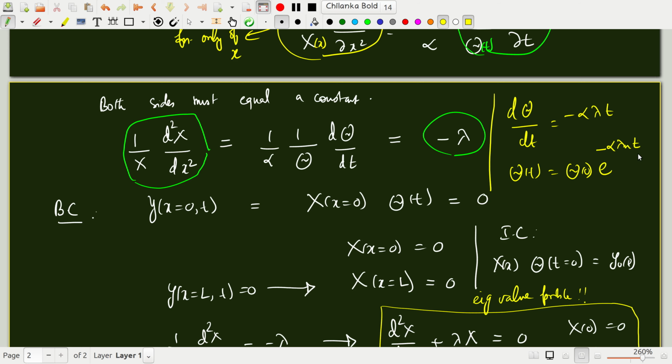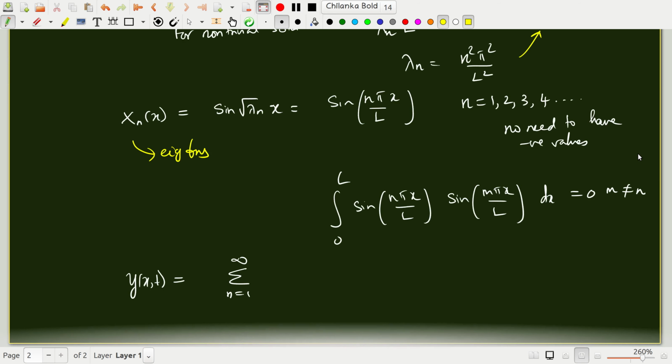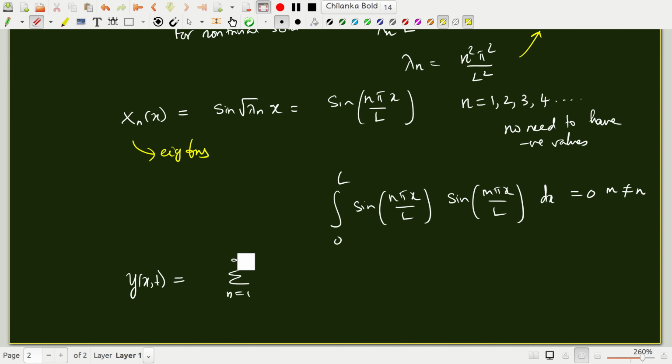So you write y as a product of theta of t times X of x, but X of x is not just one solution, there are many solutions, so you have to add them all up. This is where the notion of eigenfunction expansion comes in, in an indirect manner.